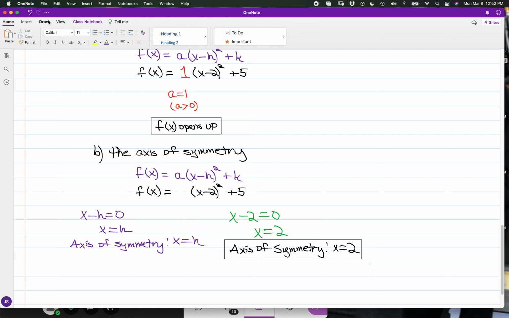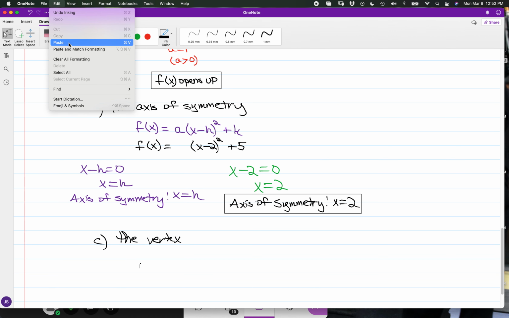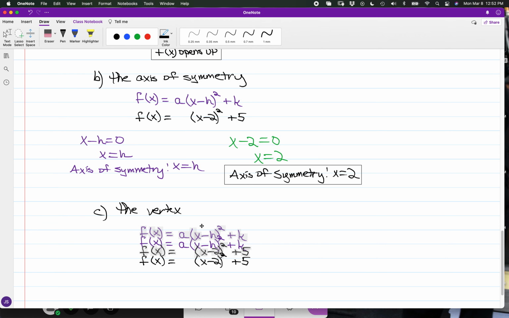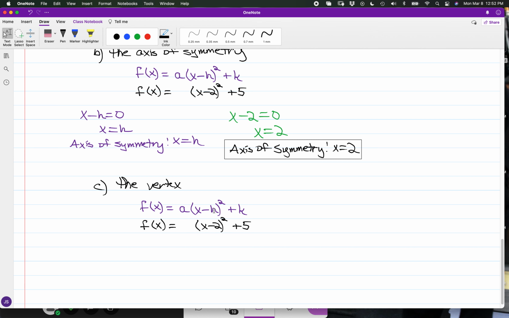Now, along with the direction that the graph opens, as well as the axis of symmetry, we are looking for the vertex. For the items that we have here, we have x minus h represented by x minus 2.